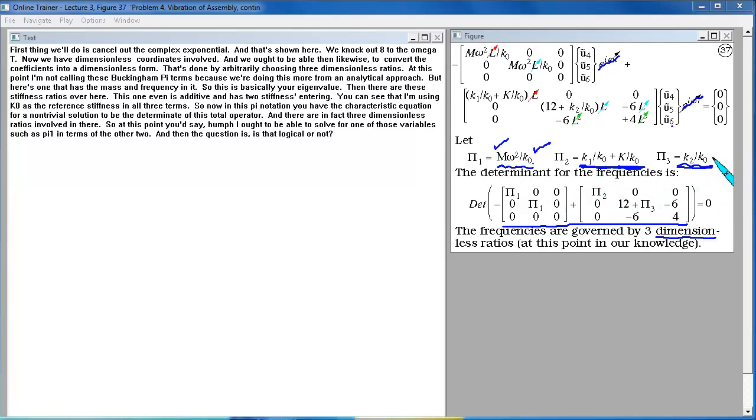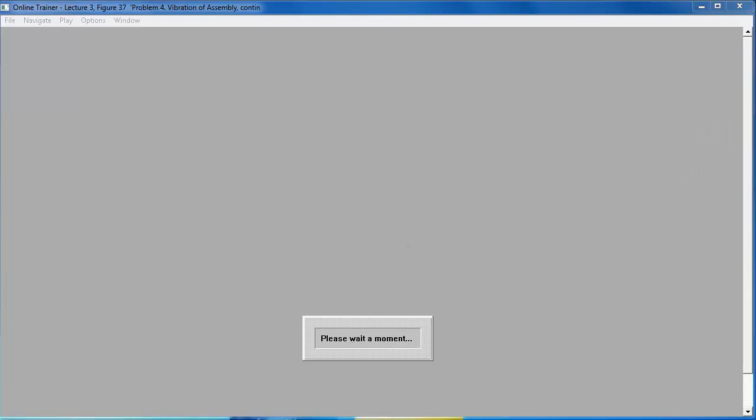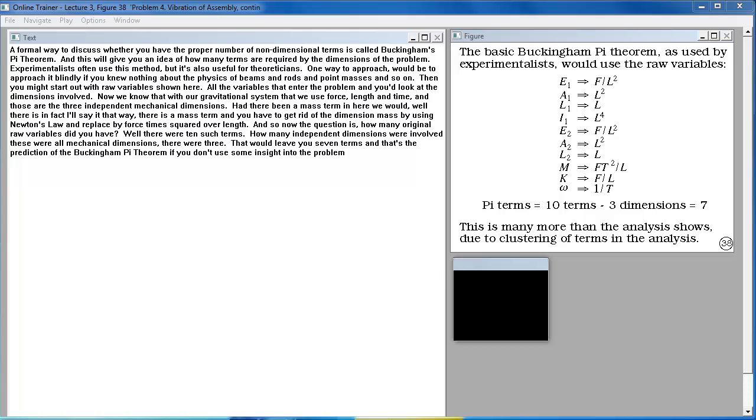And then the question is, is that logical or not? A formal way to discuss whether you have the proper number of non-dimensional terms is called Buckingham's pi theorem. And this will give you an idea of how many terms are required by the dimensions of the problem.